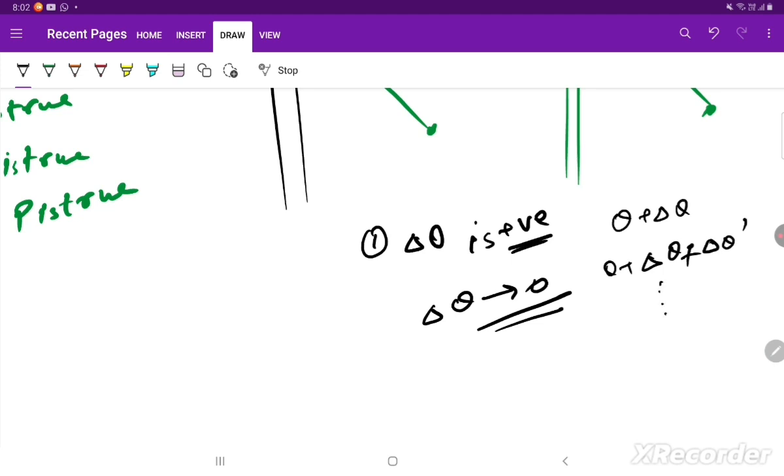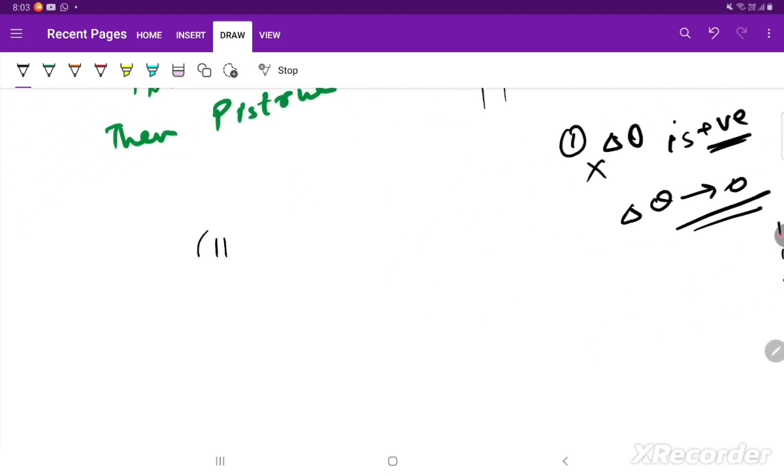If all of these are finite, then the bead will turn by 90 degrees and go beyond that angle, which is practically impossible. So you can say that this assumption is wrong.